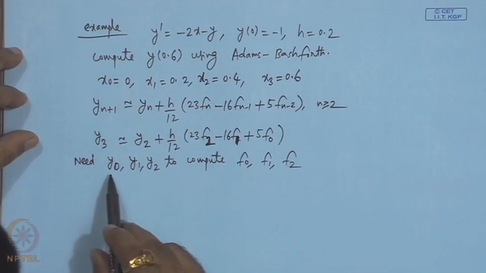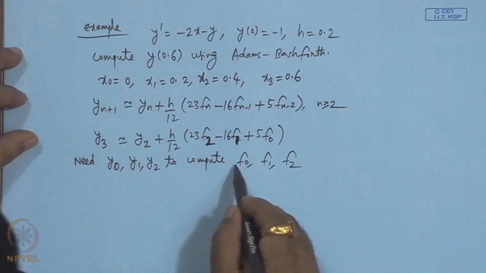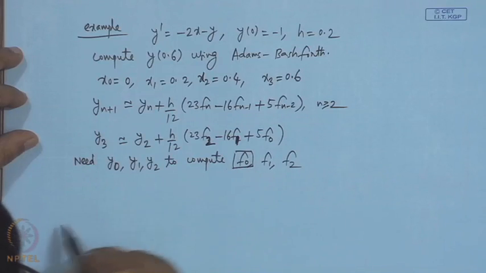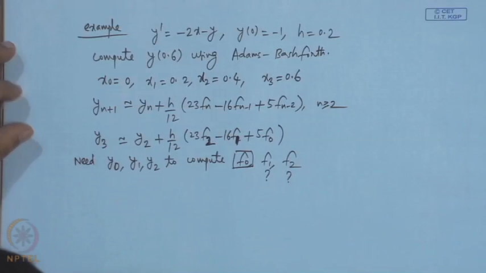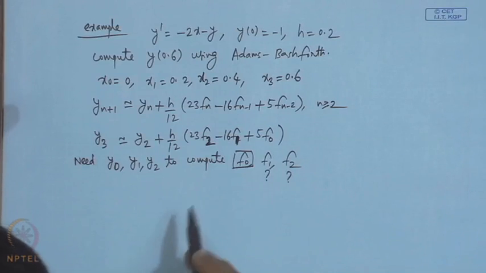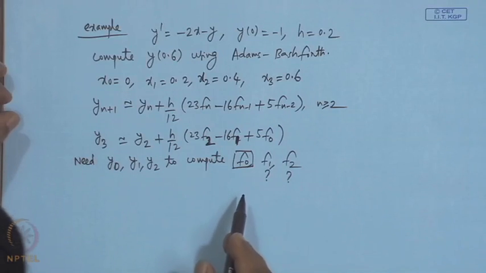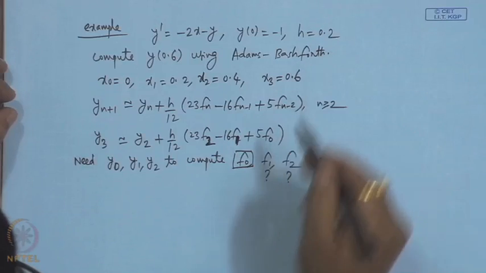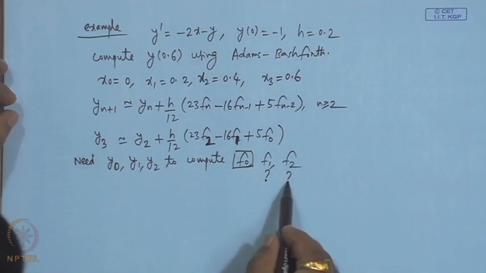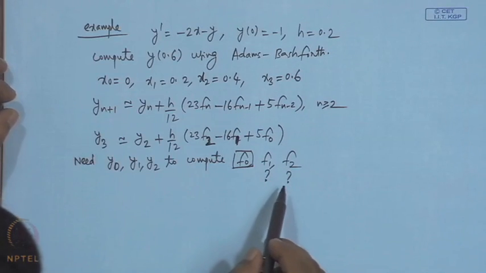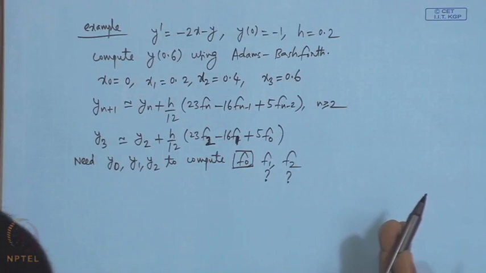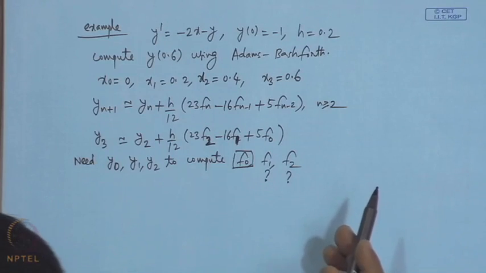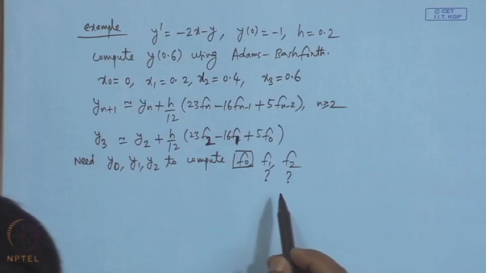So, we have y 0, so there is no issue with this, but who will give us f 1 and f 2? In the question itself, it should have been mentioned whatever past values are required, compute using something. Using which kind of method? Of course, using an explicit method, then only we can compute.